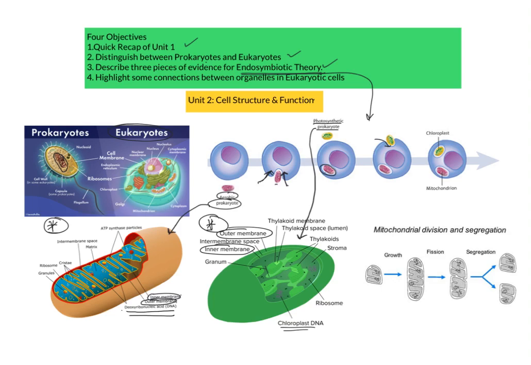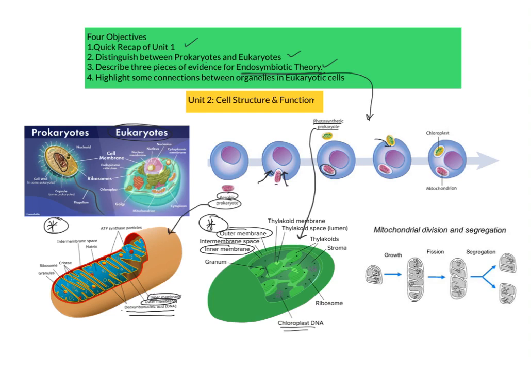And what's interesting is that when eukaryotes divide, mitochondria and chloroplasts actually go through that fission process that prokaryotes go through. So right before the cell divides, both mitochondria and chloroplasts, if you're talking about a plant cell, or just mitochondria in an animal cell, their DNA will duplicate, as we see over here.